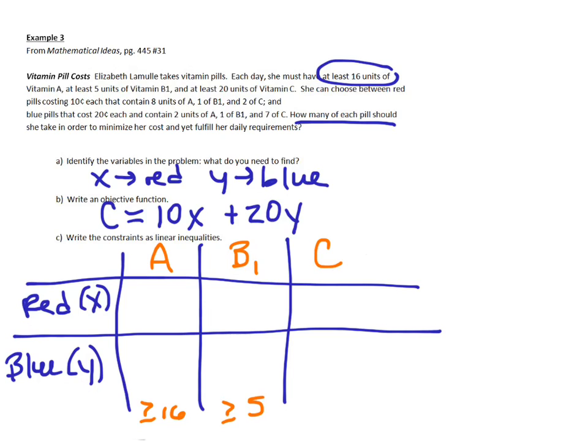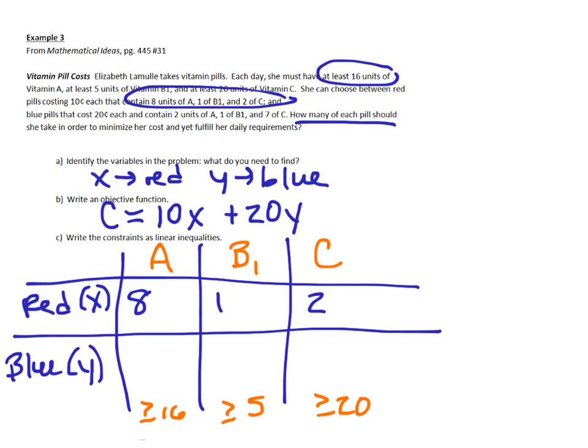And C must be at least 20. And then I'll go back and fill in some of these other numbers. Red, I know red pills have 8 units of A, 1 of B1, and 2 of C.